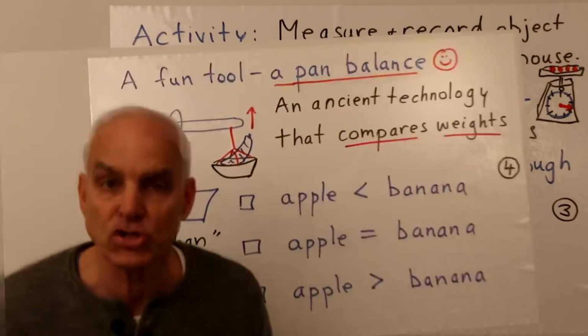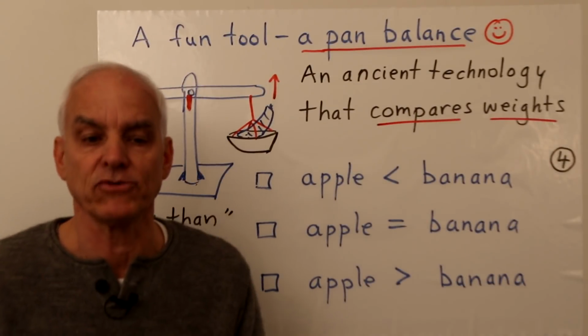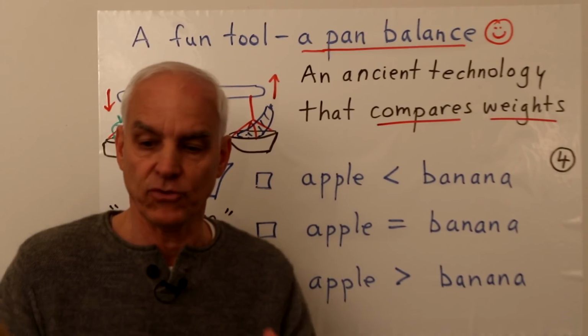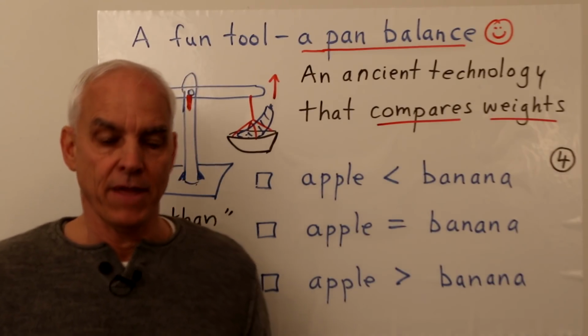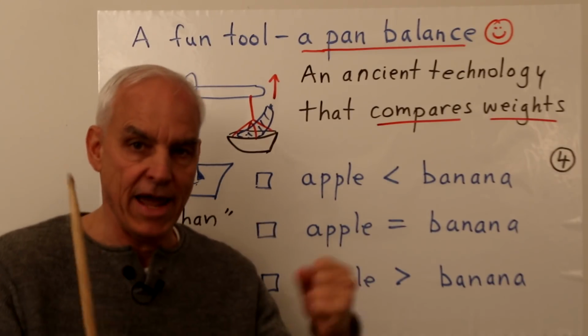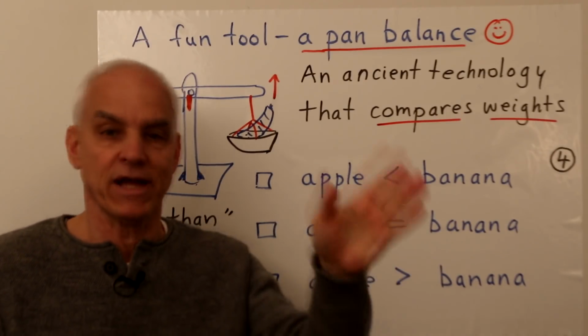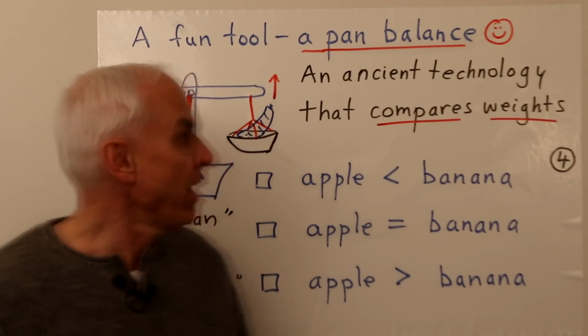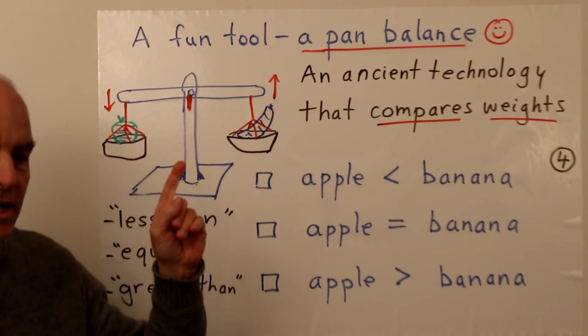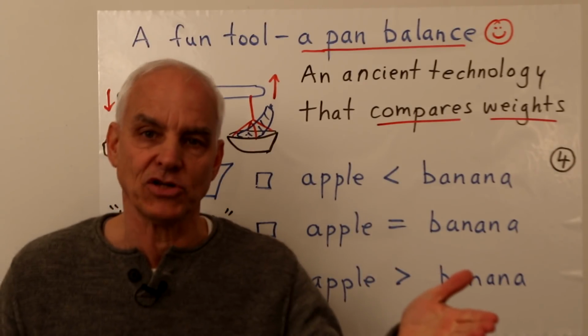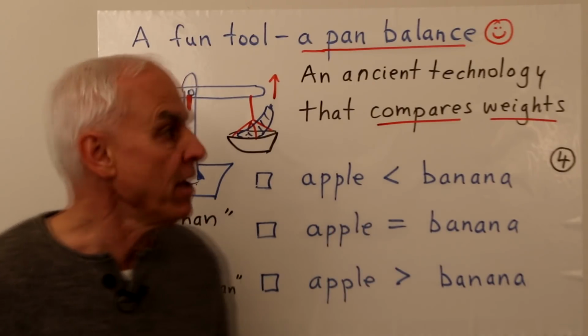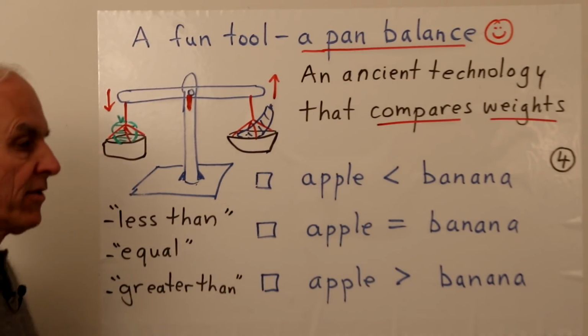So if you're a teacher of young people at elementary school, you definitely want to have certain implements in your classroom that allow students to directly access some of these concepts. For example, kitchen scales. Very important to have some kitchen scales in your classroom. And another thing that's very useful is an even more ancient technology, a much simpler kind of thing, which is a pan balance.